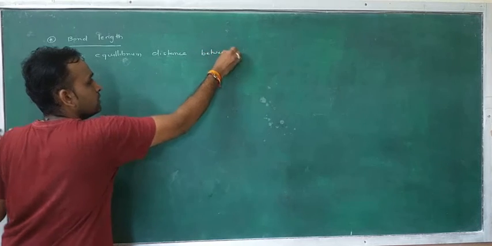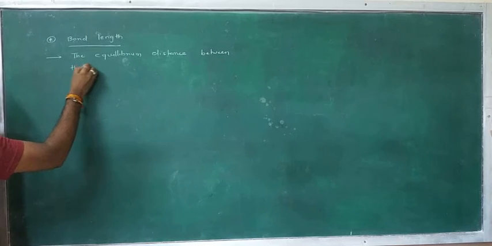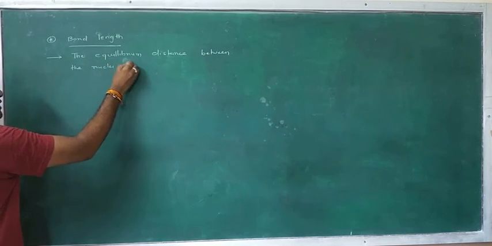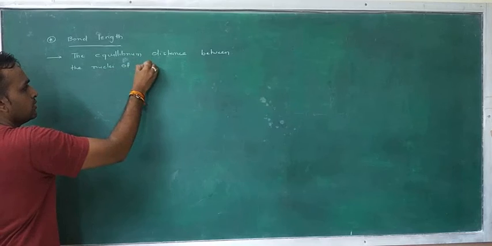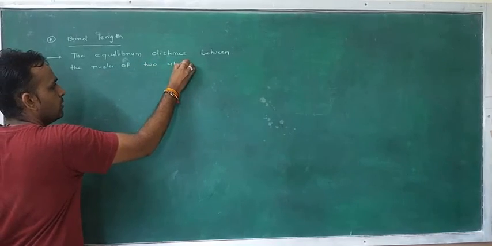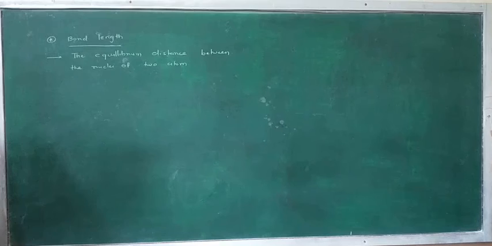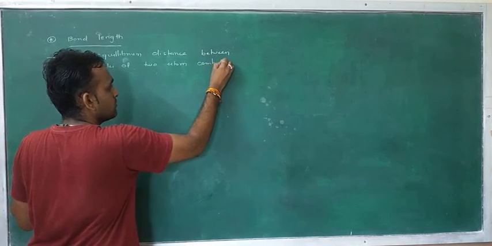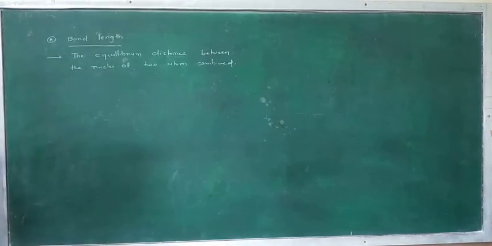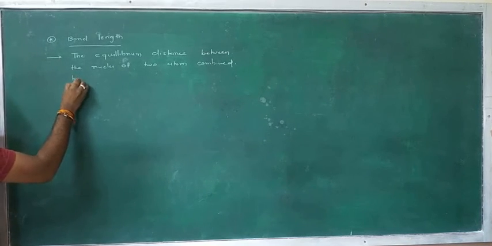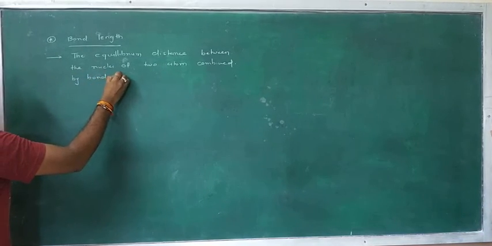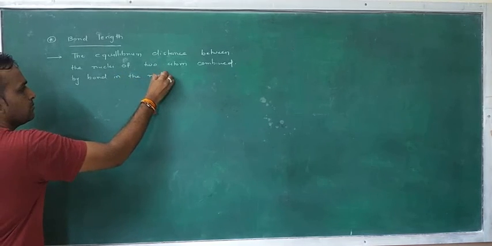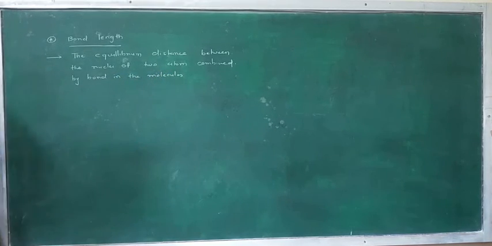Let us see that the equilibrium distance between the nuclei of two atoms combined by a bond in the molecules, right?